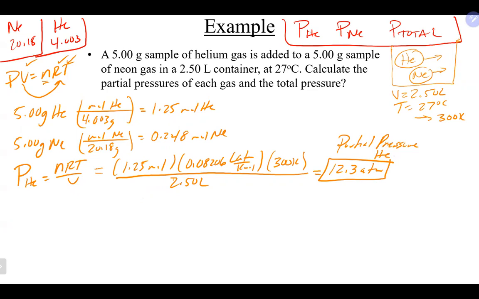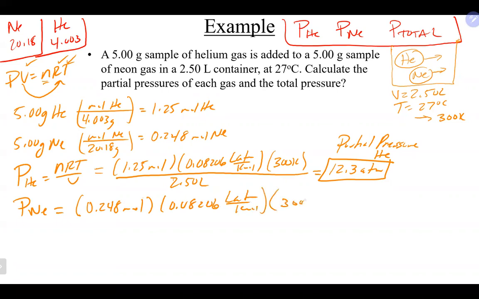We're basically going to do the exact same calculation for neon. The only difference is the moles. So we want to make sure we put in the moles of our neon in this case, which would be 0.248 moles, our R, our temperature, and once again divided by our volume, 2.5 liters.